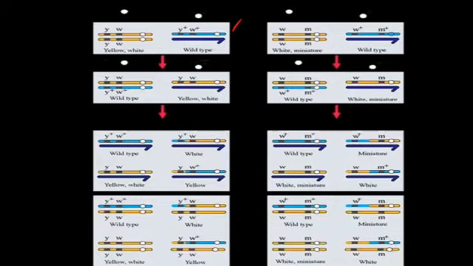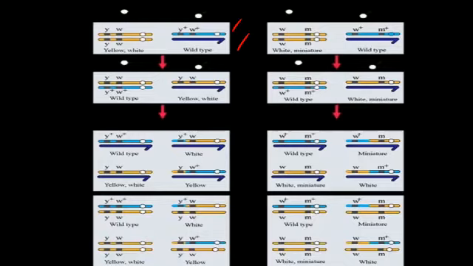In the first cross, Morgan took 2 different traits, body color and eye color. He chose these 2 traits. The body color in Drosophila was yellow body and brown body.